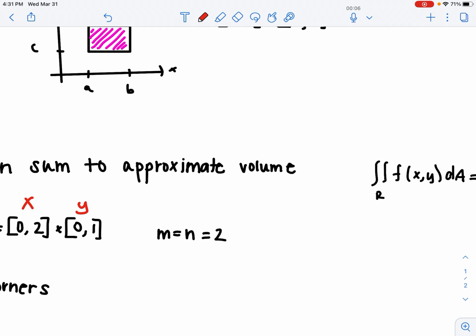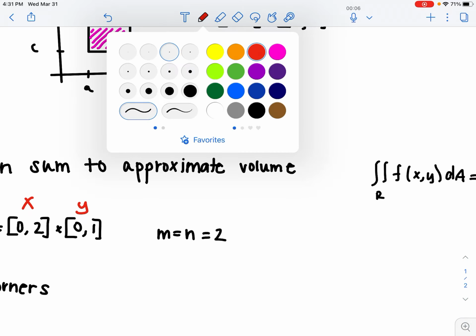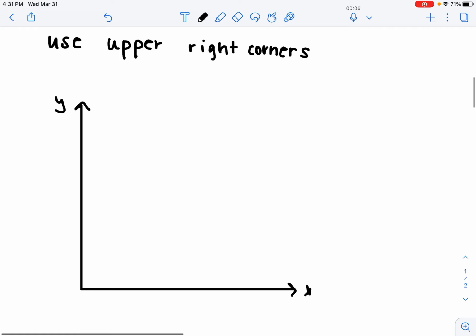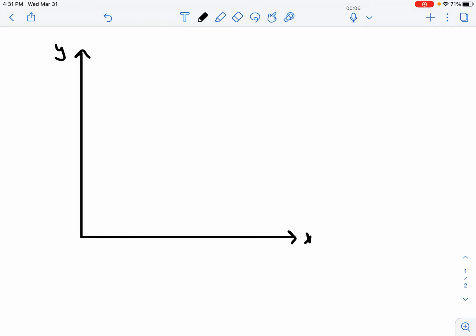M equals n equals 2, which means that we will be dividing our rectangle by two rectangles across and two rectangles tall. So the first thing we are going to do is draw a picture of the rectangle with the volume sitting on it. We have been told that the interval for x extends from 0 to 2, so I'm going to make that 0, 1, 2.